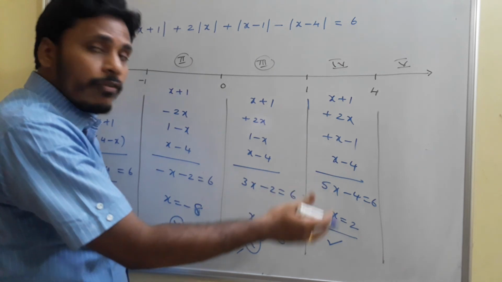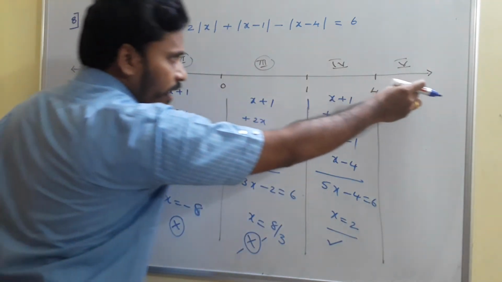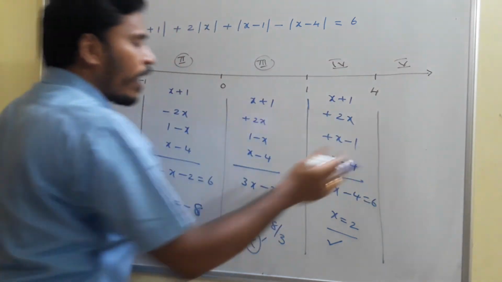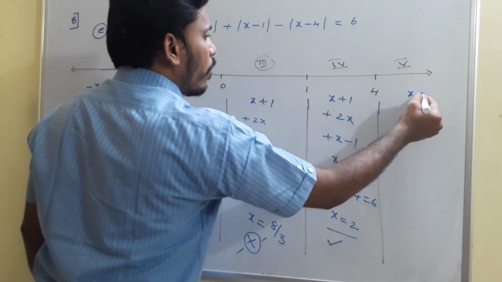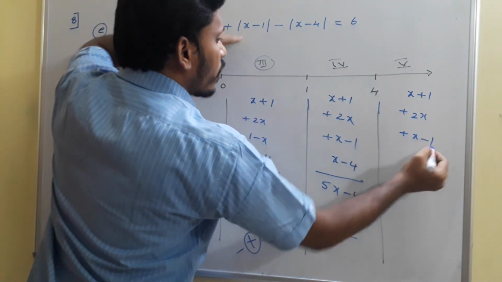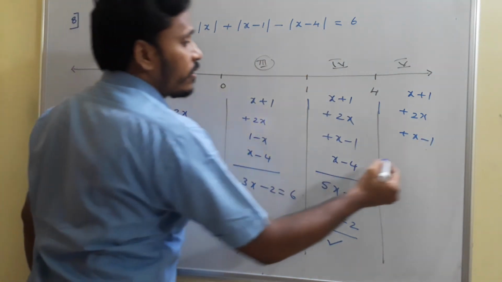Then coming to the fifth case. In that fifth case, the region x is greater than all these numbers. So everything is positive there. Since everything is positive there, just directly remove the modulus. x plus 1 and then 2x and then x minus 1. Here also this x minus 4 is positive, but the minus sign is there before that.